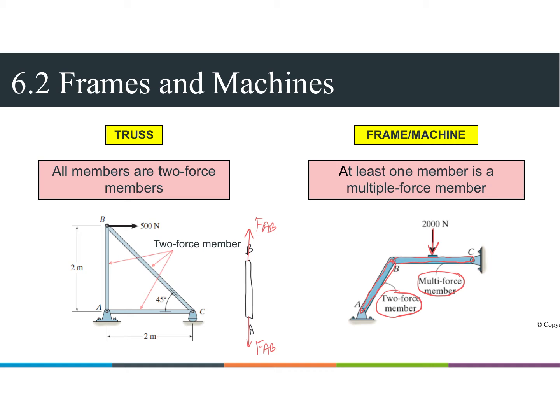So there are additional forces or loads applied on the member, three forces in total: FBC here and FBC here, plus 2000 Newton pointing downward. When more than two forces are applied on a particular member, it is considered a multiple-force member.